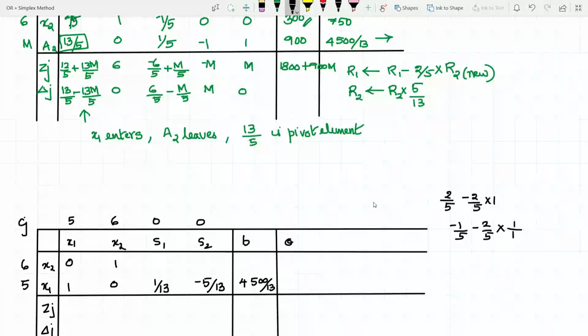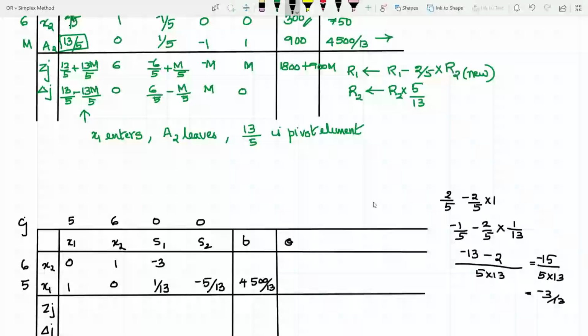So I can do here 5 into 13, so this is minus 13 minus 2, that is minus 15 by 5 into 13, which is equal to minus 3 by 13.